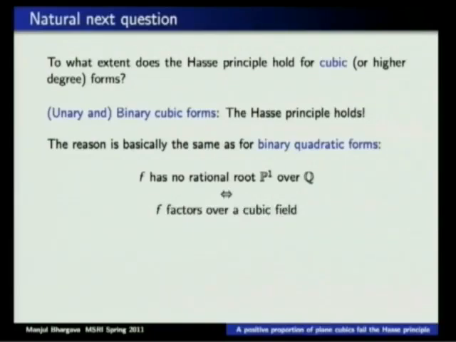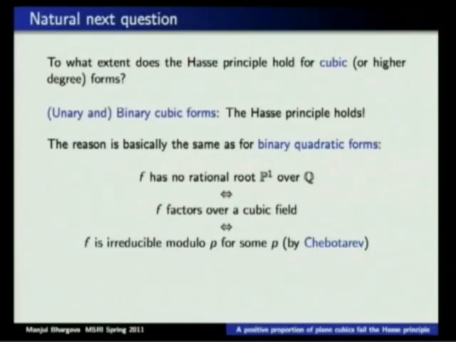And then if f factors over a cubic field but not over a subfield, then by the Chebotarev density theorem there will be some p that makes f irreducible mod p. And if f is irreducible mod p, then f could have no root over Q_p. And so f has no rational root over Q if and only if it doesn't have a root over Q_p for some p.